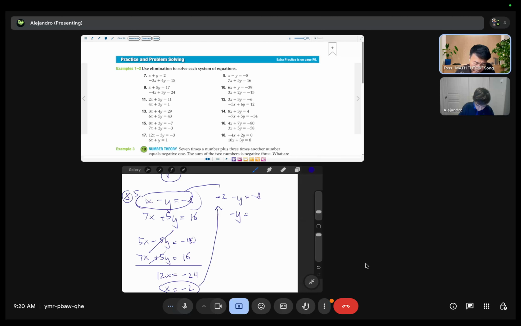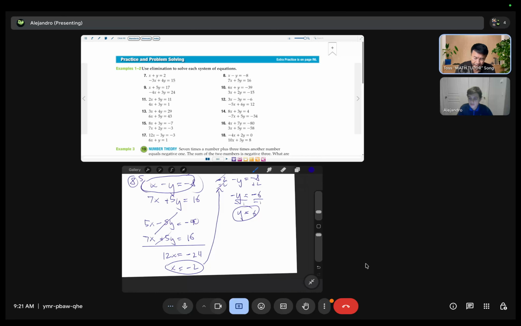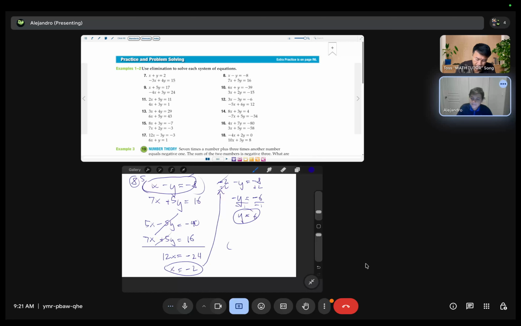Careful here. You get negative 6 on the other side. And then divide both sides by negative 1, or multiply both sides by negative 1. So the answer is y equals 6. Are you okay with that? And you can do a coordinate form here.